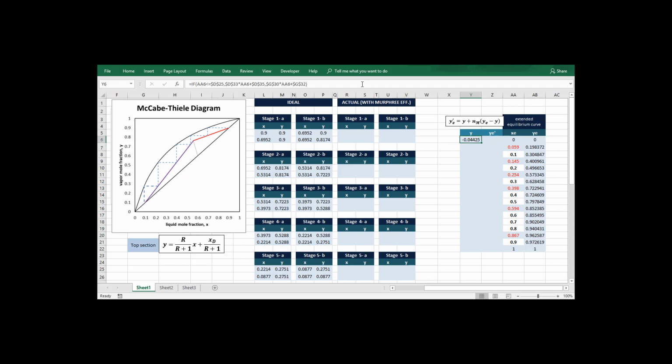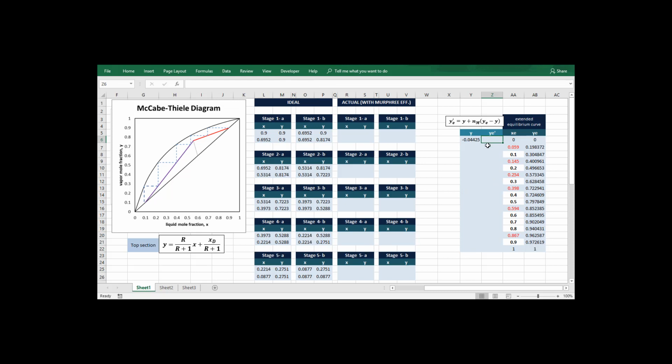These are the conditions. If xe is less than or equal to the x2 of the top section, y is equal to bottom section slope times xe plus bottom section intercept. Otherwise, y is equal to top section slope times xe plus top section intercept.